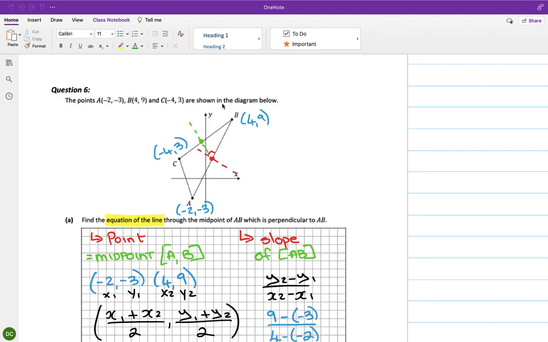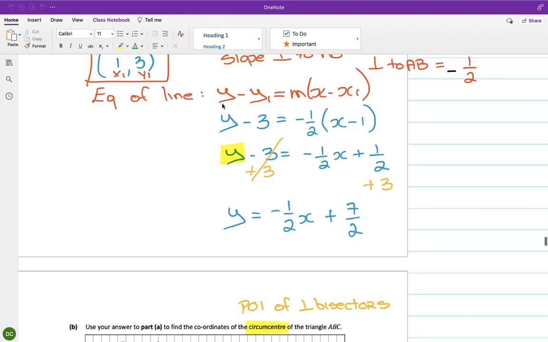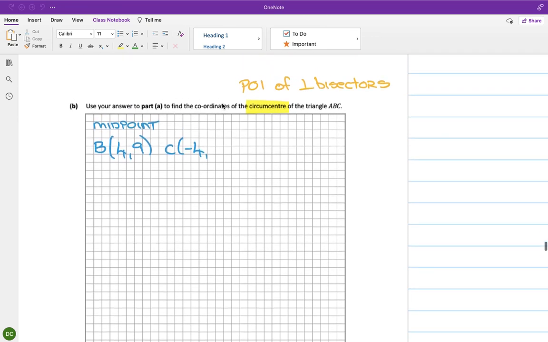Yeah. So I'm doing the exact same thing again, except this time with different points. So midpoint of B, which is 4, 9, and C is minus 4, 3. Yeah, and then I'm also going to get the slope of the exact same thing.